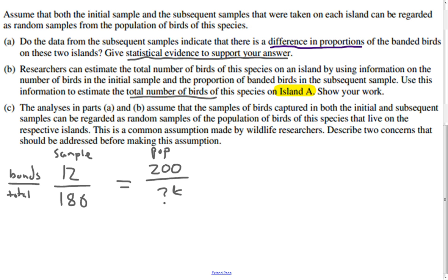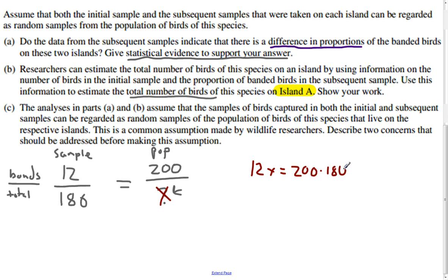So since we have a proportion, let's go ahead and give this variable a decent name. Let's call it x instead of question mark. If we're going to solve a proportion, cross multiply, and so we would have 12x equal to 200 times 180.